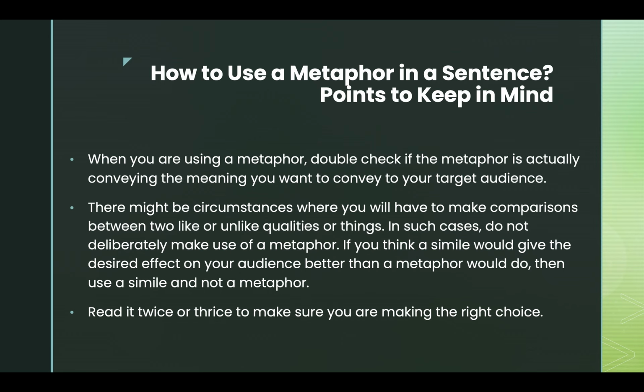What you don't want to do is compare two things, maybe a person and a thing, and the characteristic trait that you want to bring out is not actually something that they share. So you have to ensure that the characteristics are the same. If you don't think a metaphor would suit the purpose, use a simile. That's quite okay. And of course, you want to ensure that you read, double read, triple read, quadruple read, whatever it is that you're presented with, to ensure that you have used the metaphor correctly.